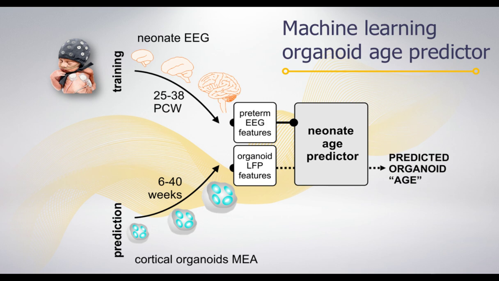And the machine does it quite well, much better than several doctors that I know, because the human eye is not optimized to distinguish between 25 and 26 weeks. But the machine can do it because there are quantitative parameters that we use to train this machine.